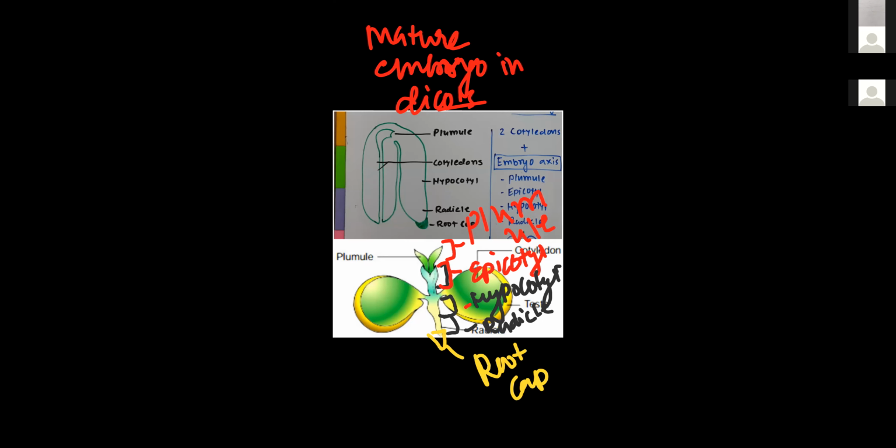Then the portion of the embryo axis just below the cotyledon attachment is termed as hypocotyle. It is going to terminate into the part of the embryo axis called radicle or root tip. This radicle or root tip remains covered with root cap.